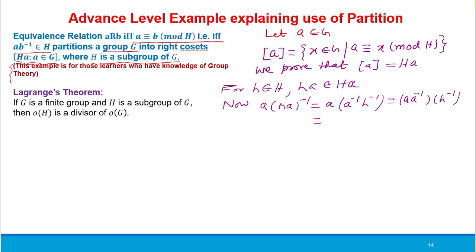This is equal to e into h inverse, where e is the identity element, and this is equal to h inverse, which belongs to the set H. And so what we conclude is that this element ha belongs to the equivalence class of A, and this implies that the right coset HA is a subset of the equivalence class of A.